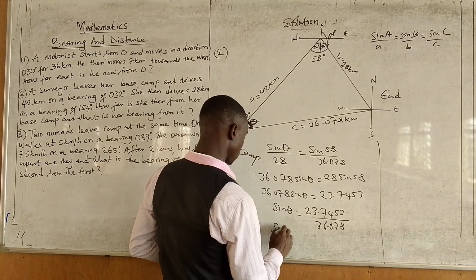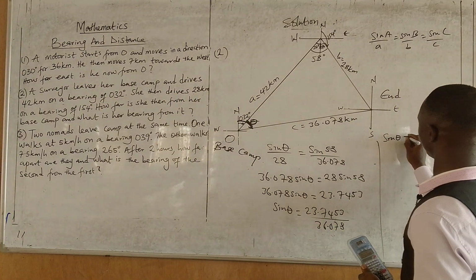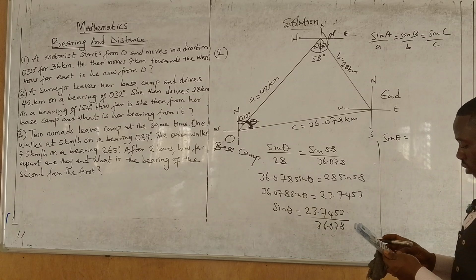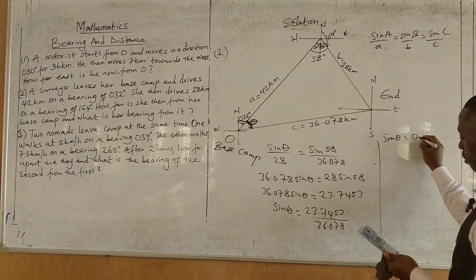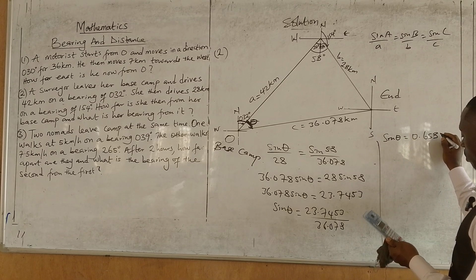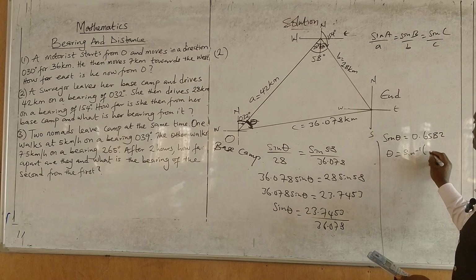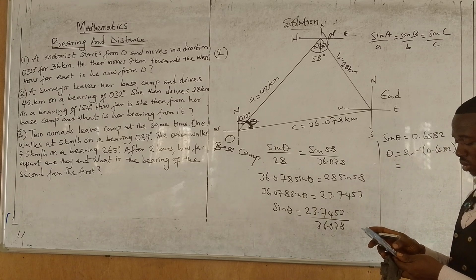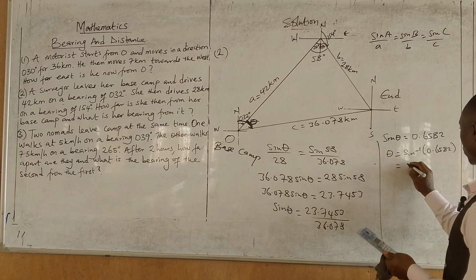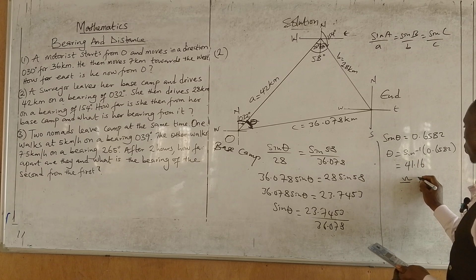Sine theta is therefore equal to 0.6582. All right. Then we find the value of theta, which is sine inverse of 0.6582. Then you get sine inverse of your answer there. That's 41.16. Then you can approximate to 1 decimal place.